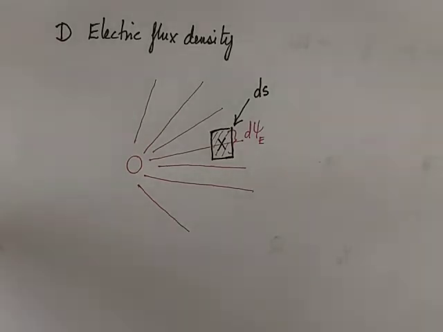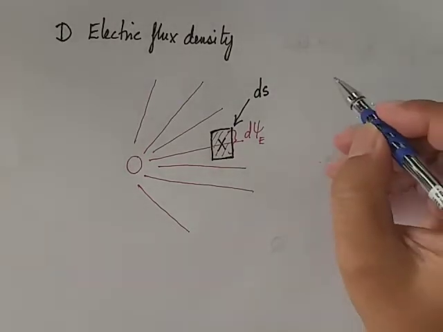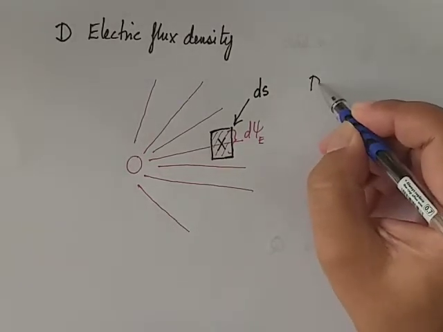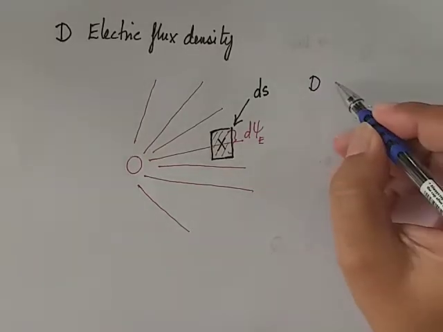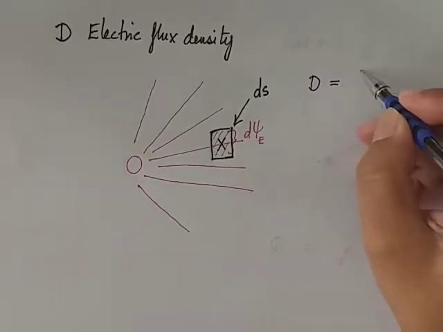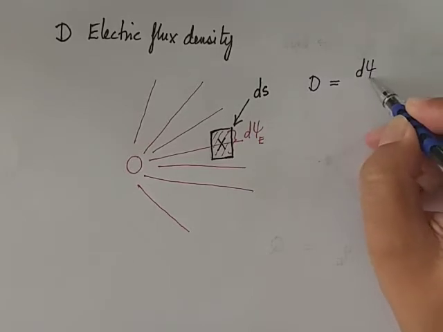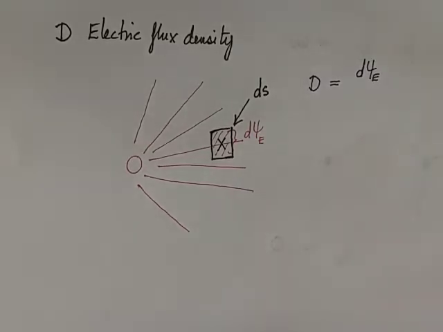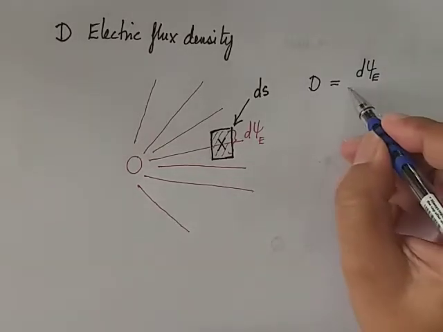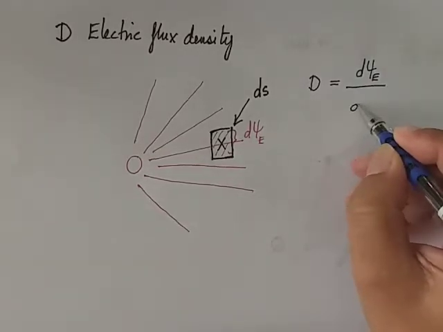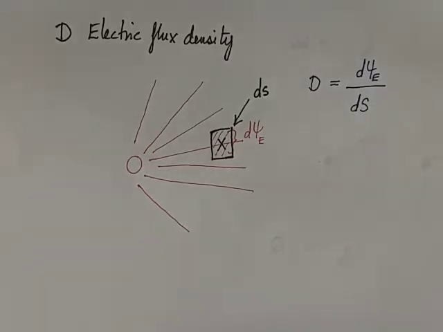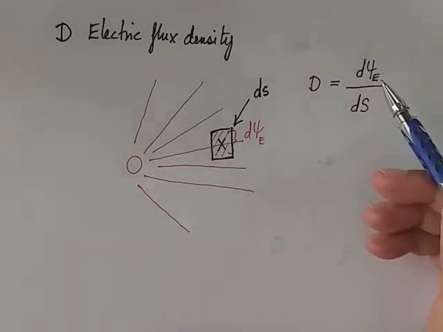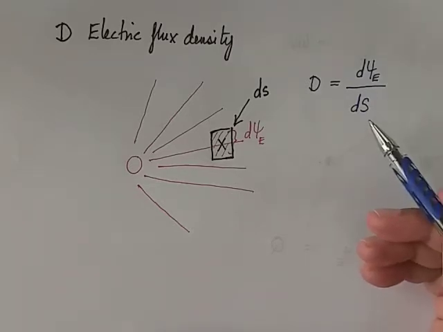By using this observation, we can define electric flux density D as the number of lines passing through that small area, the electric flux, divided by the sample area that we are creating to capture the lines. That should be the definition of electric flux density: just flux lines divided by the small area of your sample.